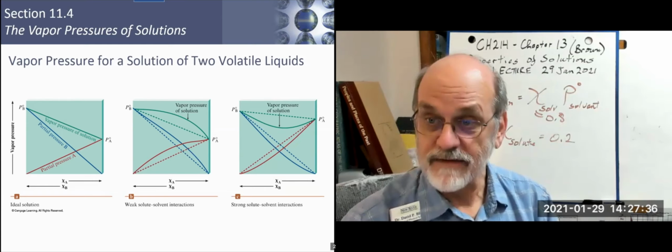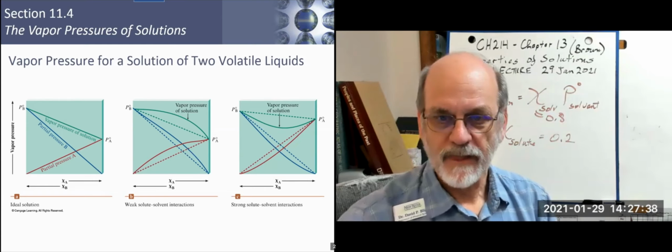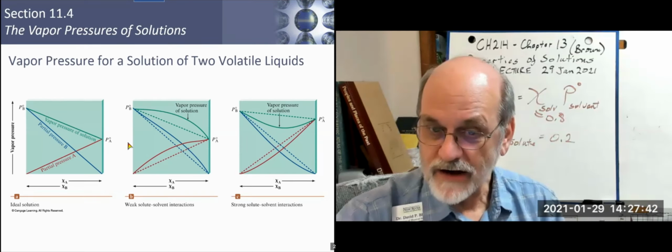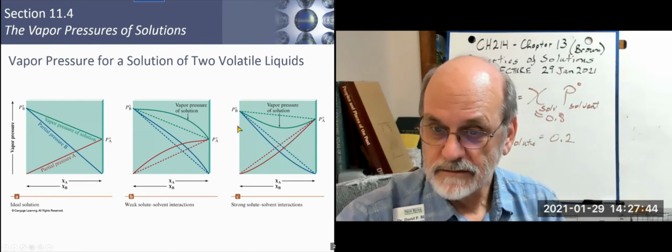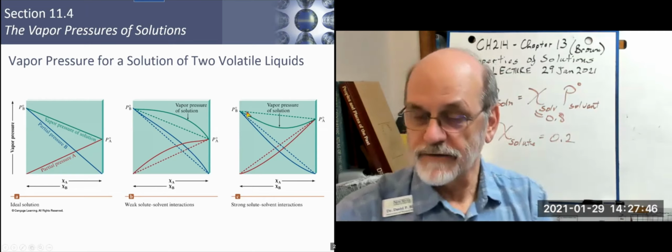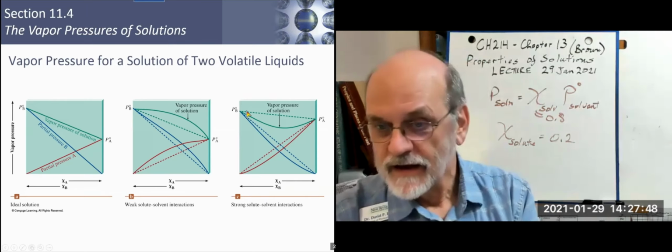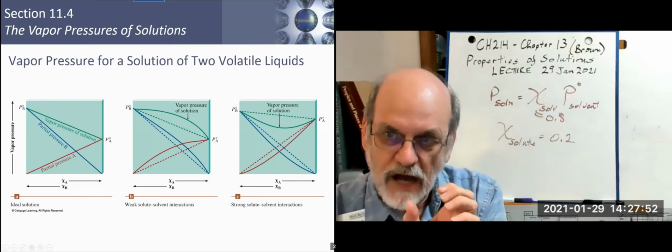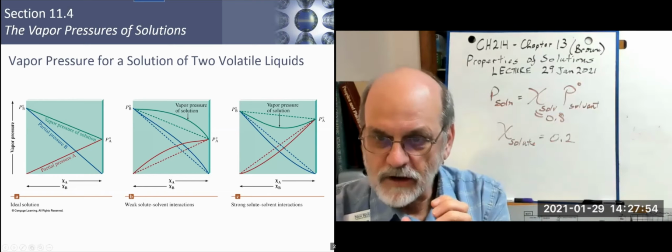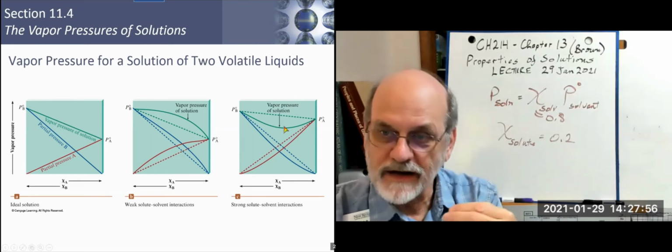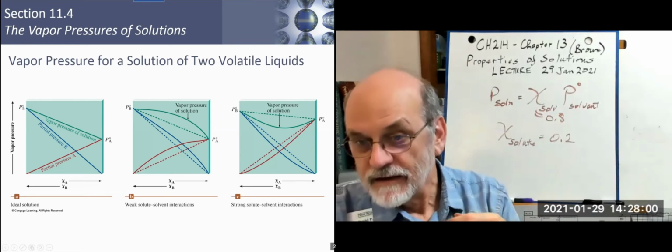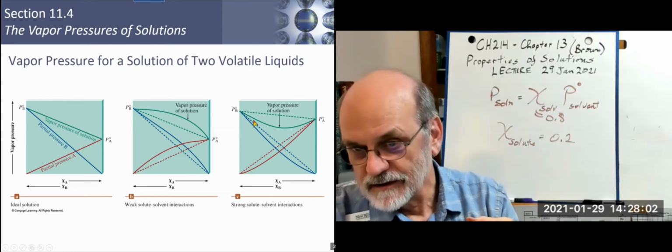Some solutions behave that way, but more often they interact with one another. If they attract one another, then the higher the combined concentration, the closer you get to enough of one and enough of another to have serious interaction, and then you get this dip.